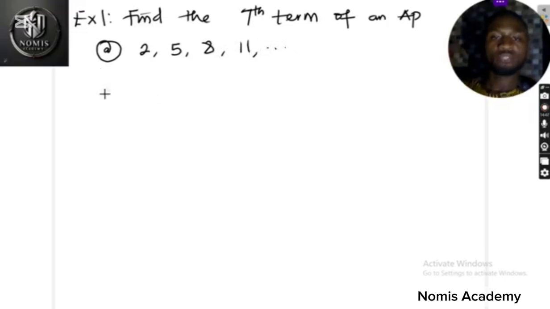So it continues like that, and then the second one says b) 7, 5, 3. It continues like that. So let's take the first one. Solution here.